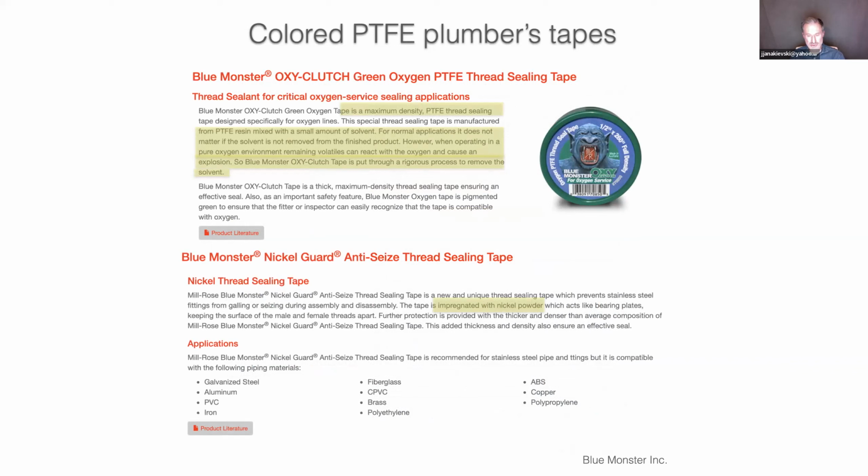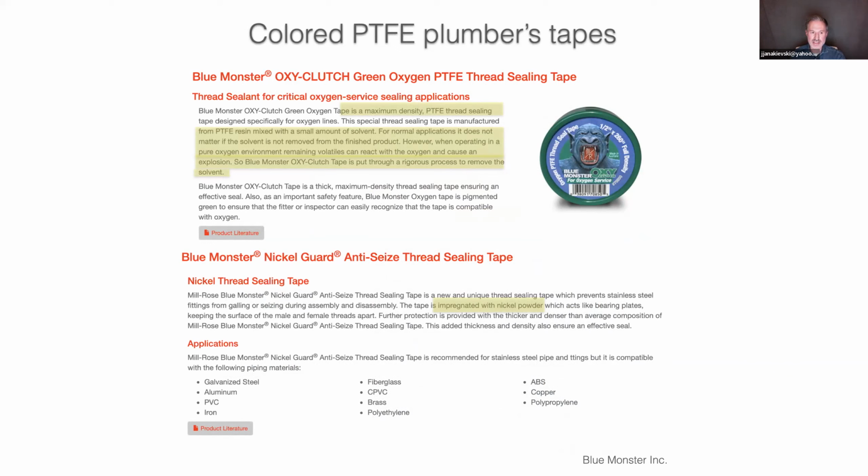And so you look into different manufacturers and you can see how much you can learn about this, and what exactly goes into developing or preparing these products for their industrial use. You can read here on this Blue Monster product, the green product. It says it's made from a PTFE resin mixed with a small amount of solvent.